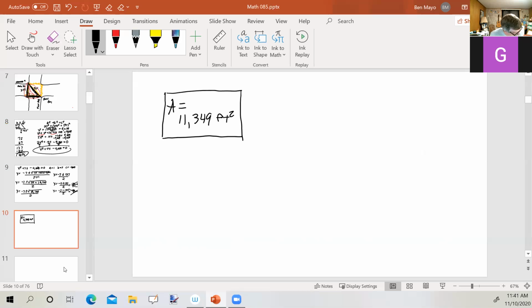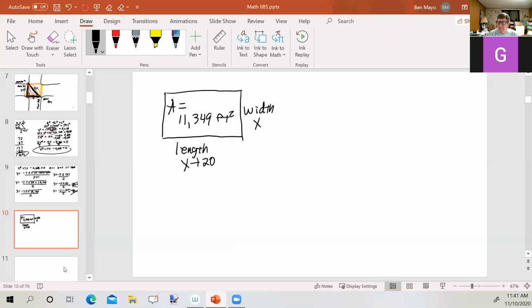Find the dimensions of the screen if it is 20 feet longer than it is wide. So let's see, if this is the width and this is the length, it's 20 feet longer than it is wide. So if the width is X, the length would be X plus 20.